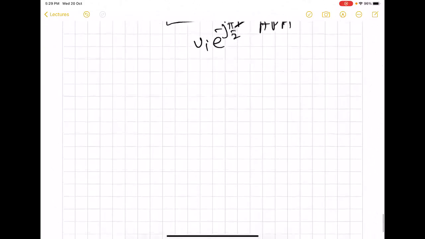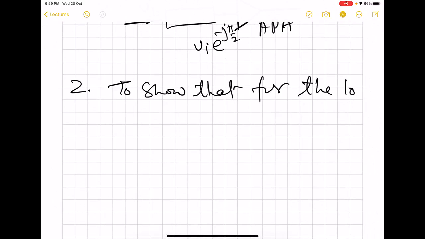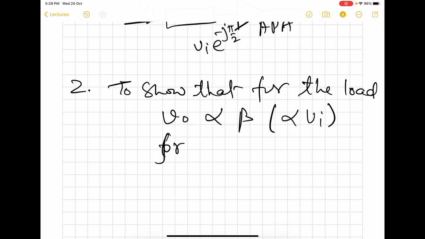So the second objective now is to show that for the load, VO is proportional to beta, that means proportional to VI, for the upper drive region as well.